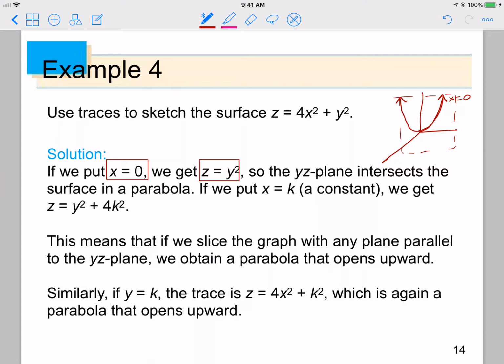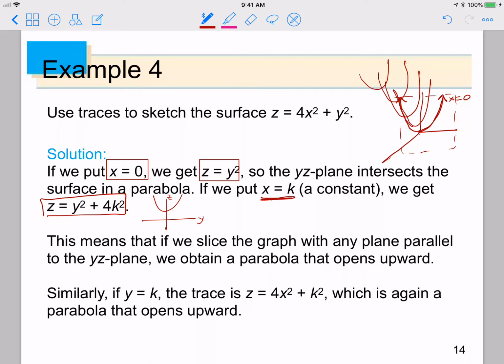Then we can see what happens if we put in another value for x. We're going to get z equals y squared plus 4k squared. That is a parabola, but it's a parabola that is shifted up. So if here's y and here's z, we'll have a parabola that's shifted up 4k squared.